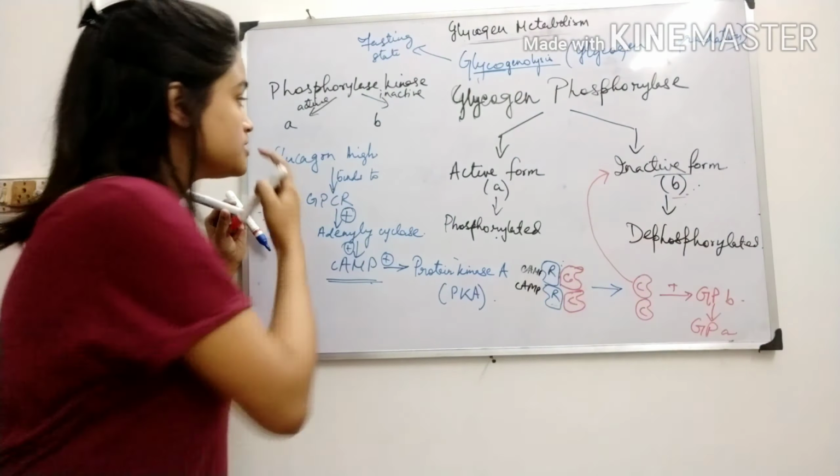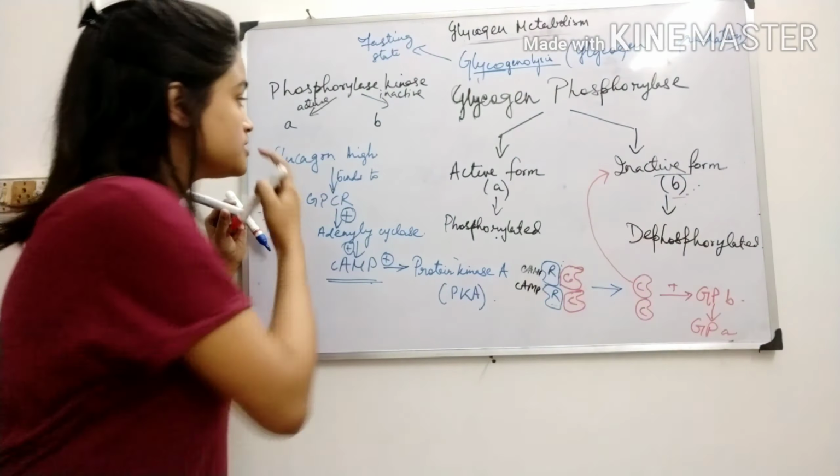So this will act on the phosphorylase B, or you can say phosphorylase kinase B, which will now be activated to phosphorylase kinase A. This will activate the phosphorylase active A. So this is your overall scenario.